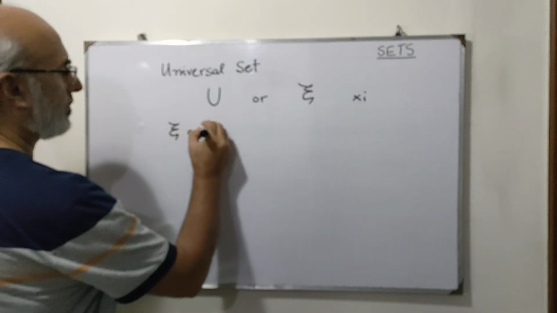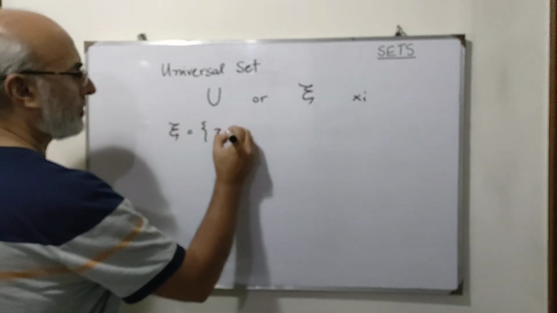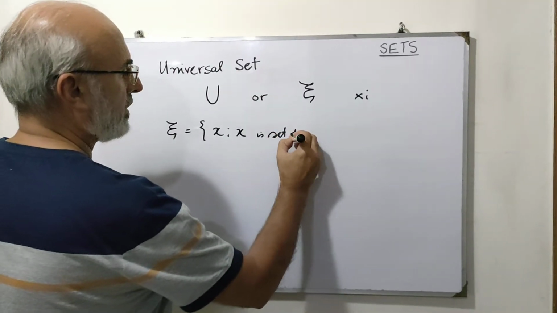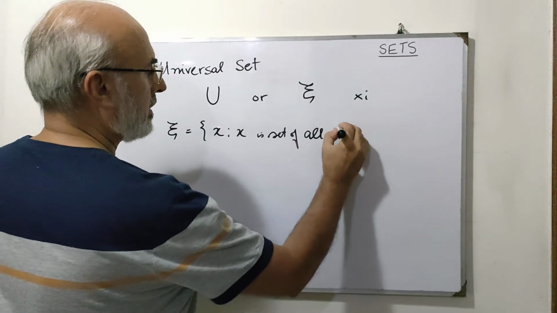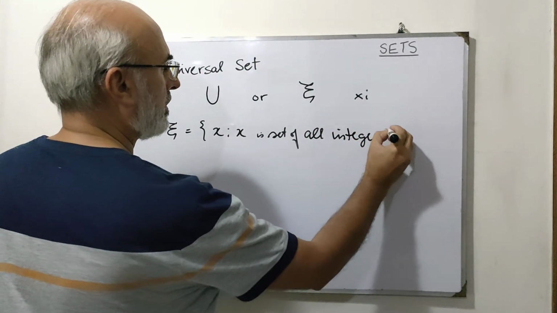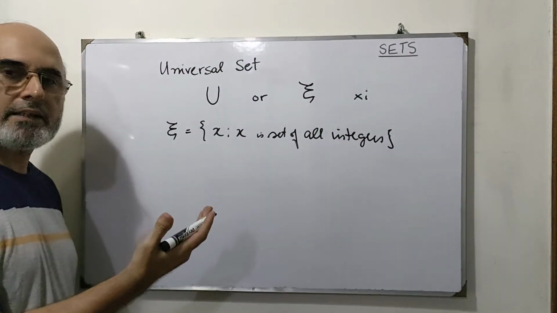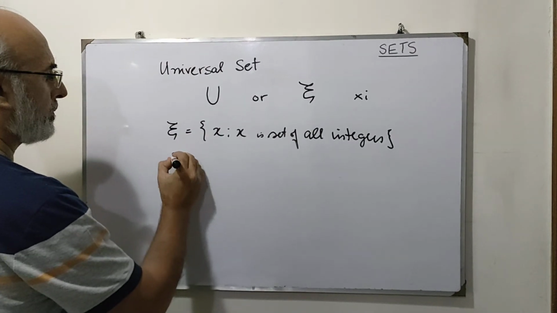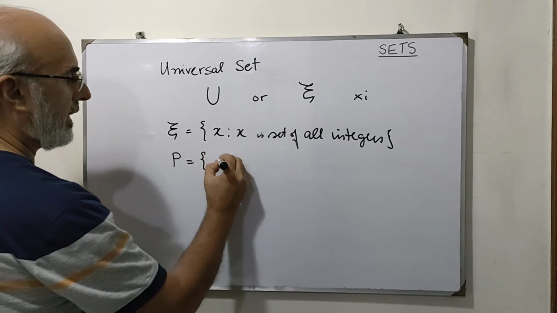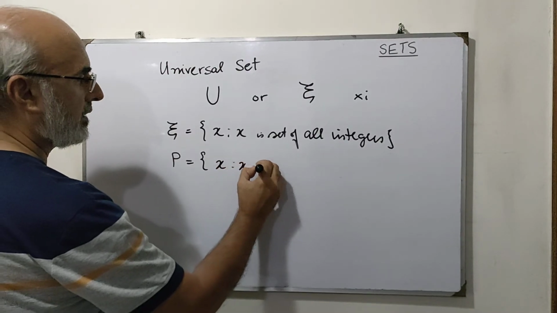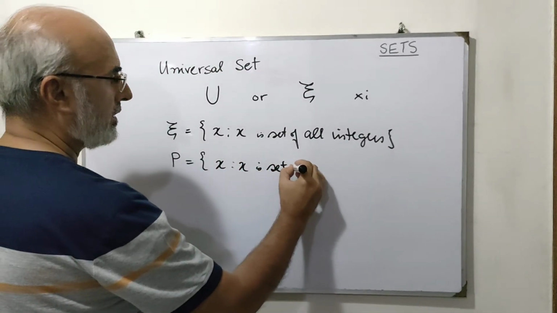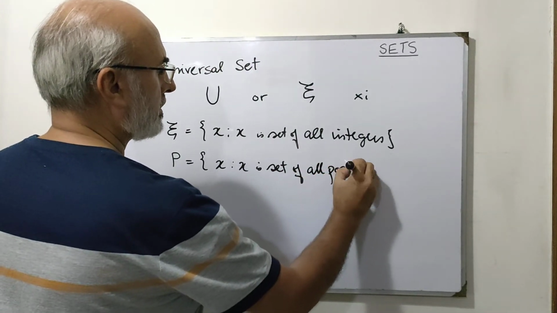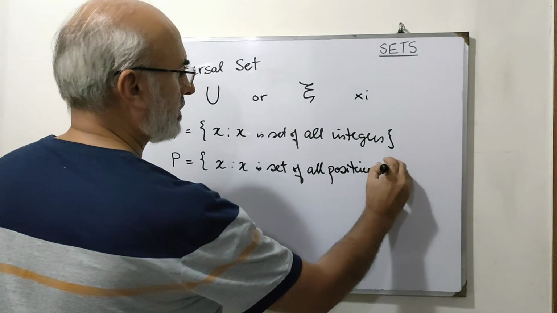And if I say Z equals X, such that X is a set of all integers. Now it contains negative and positive. And if I say P equals X, such that X is a set of all positive integers.